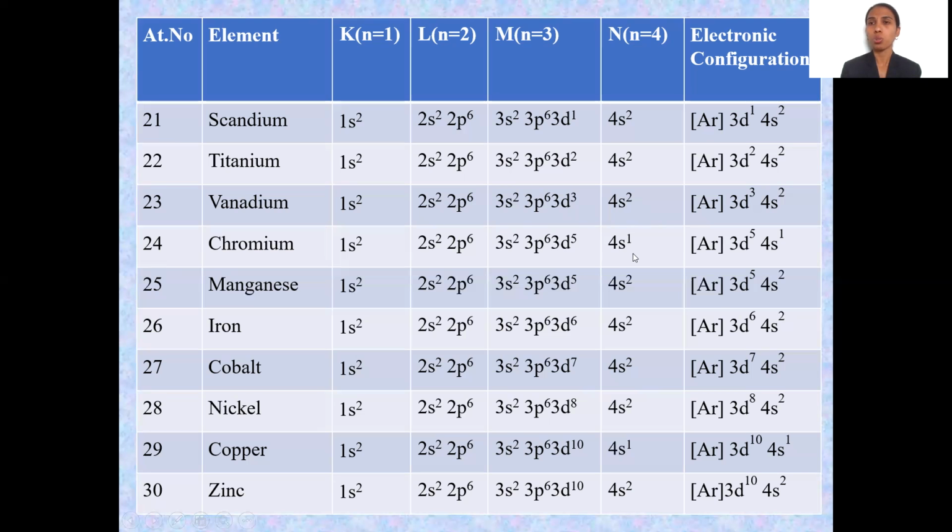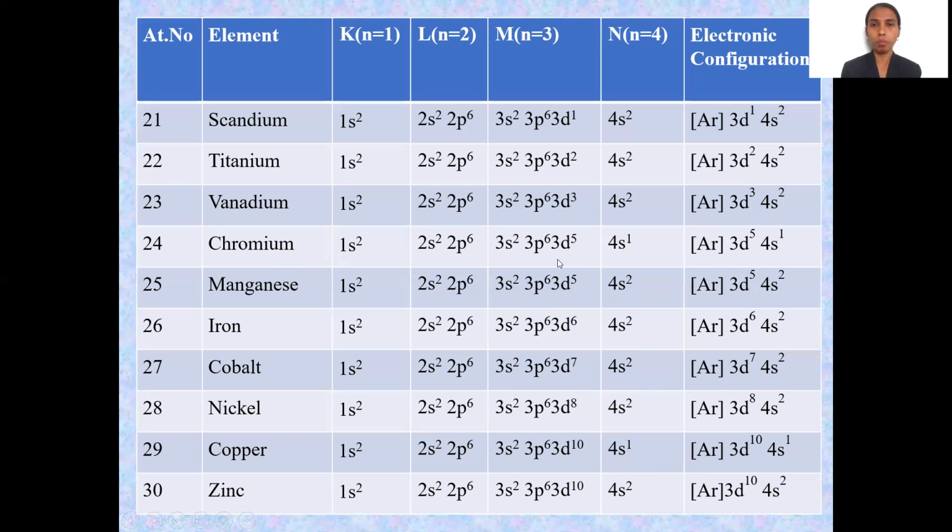व्हाय दिस हॅपन? So we will see the reason why the electronic configuration of chromium is like this. Means the expected electronic configuration and the observed electronic configuration are different. And what is the reason behind that? That we'll see in the next point. Okay. So chromium and copper show a different electronic configuration than the rule predicts.